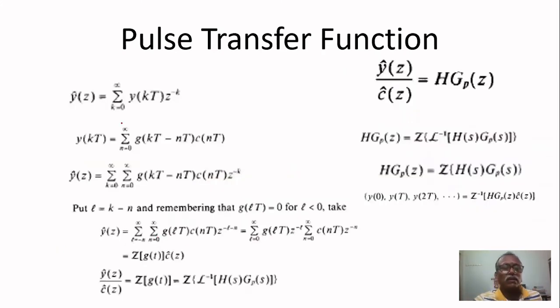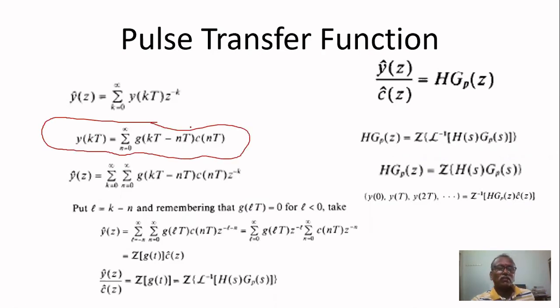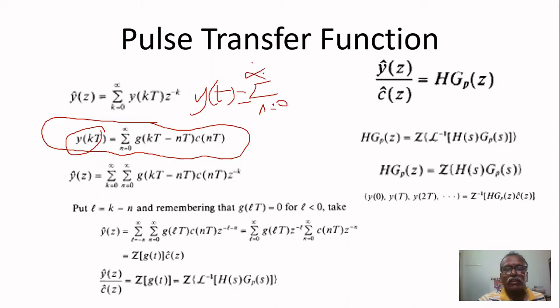Then what is that? Y of kT equal to the kth sampling instant value, wherever you find t, it must be replaced by kT, because y of t equal to what we got? y of t equal to sigma n equal to 0 to infinity g of t minus nT, delayed by nth sampling instant, multiplied by c of nT.